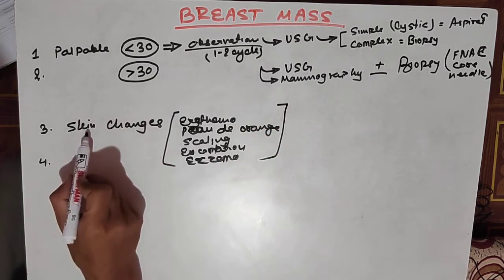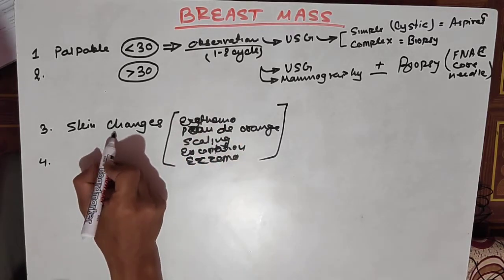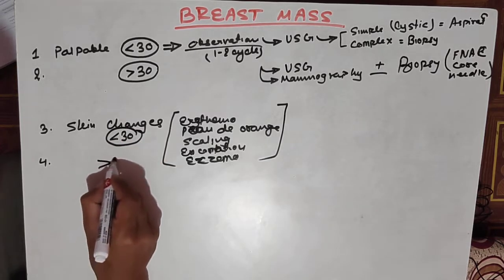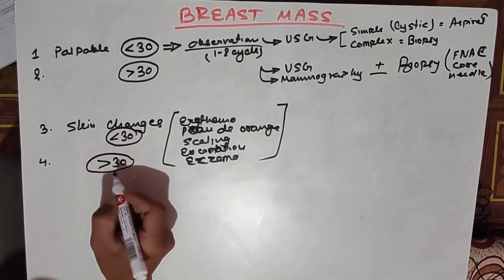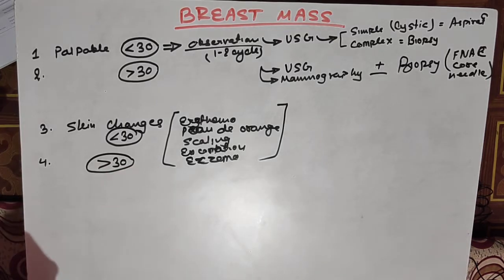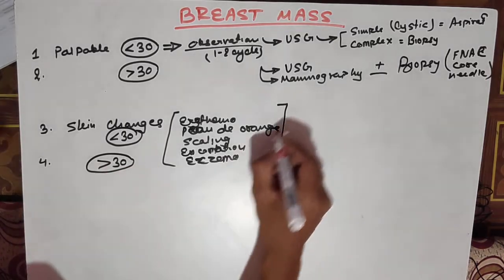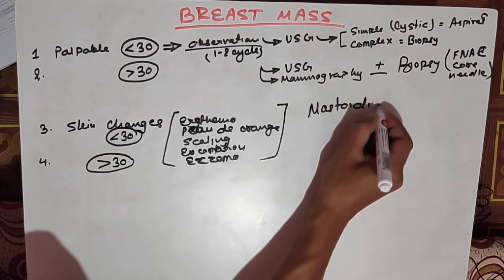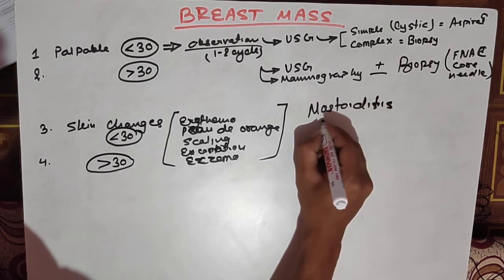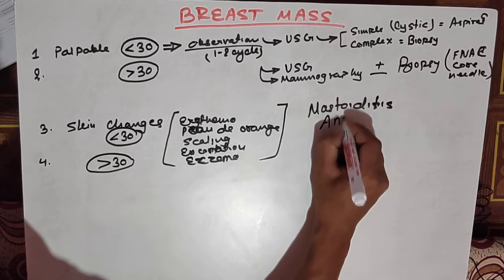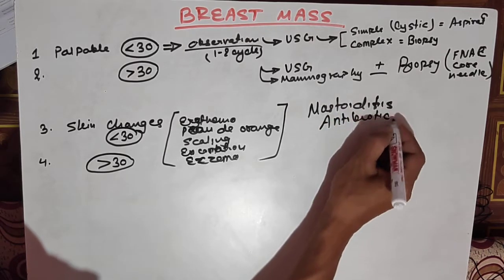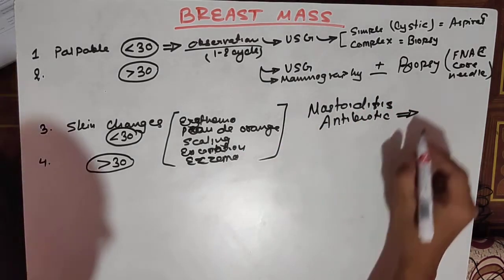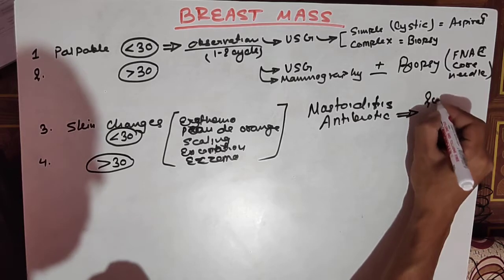Now if the patient complains of skin changes and she is less than 30 years, then what will we do? And if she is more than 30 years, then what should we do? Look, if the patient is less than 30 years, consider it as mastitis and treat it with antibiotics, and keep her in close observation for 2 weeks.